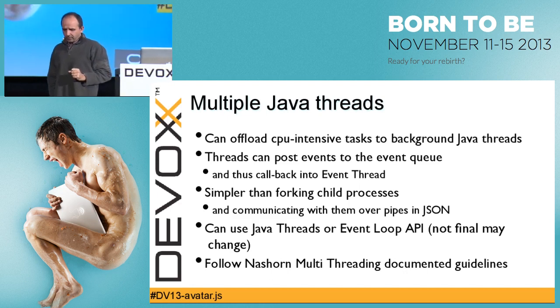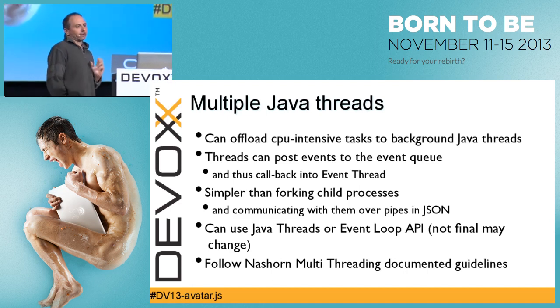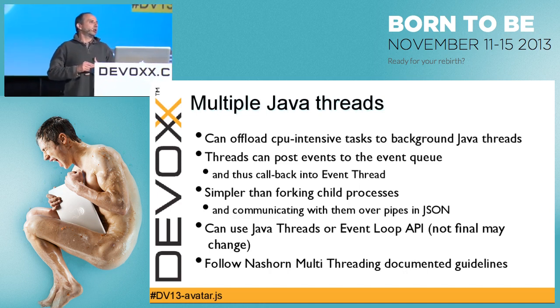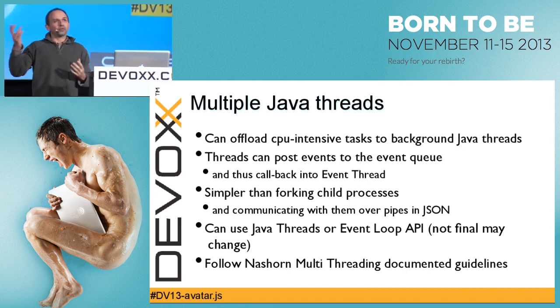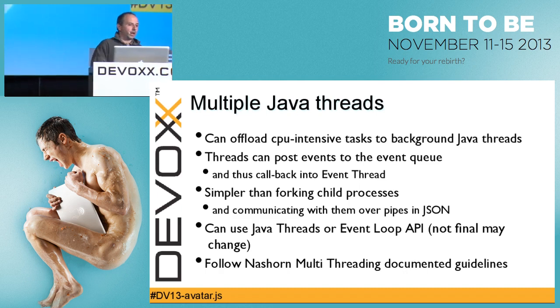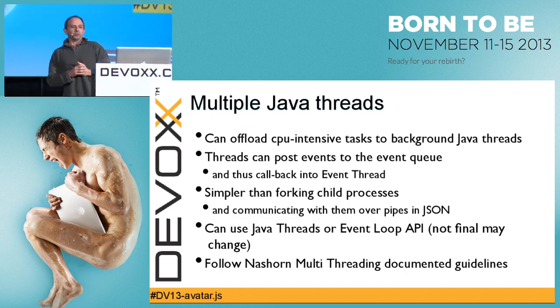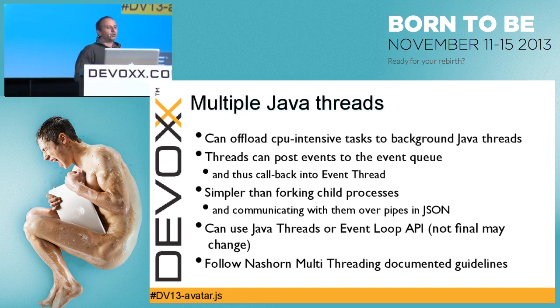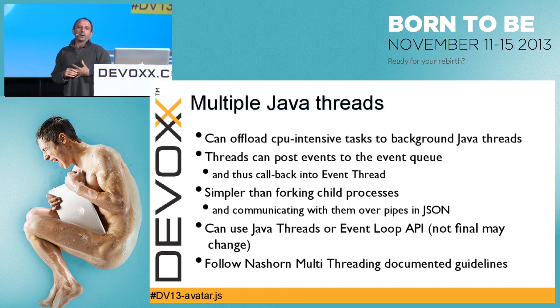So perhaps that's a nice feature of Avatar.js with Node applications. If you are doing Node, when you have this kind of use case, you need to fork a process, communicate with the child process, exchange JSON. Perhaps it's a bit simpler to use threads. One thing to mention, I give the pointer at the end of the presentation, is that when doing multi-threading on top of Nashorn, be aware of some guidelines you need to follow.